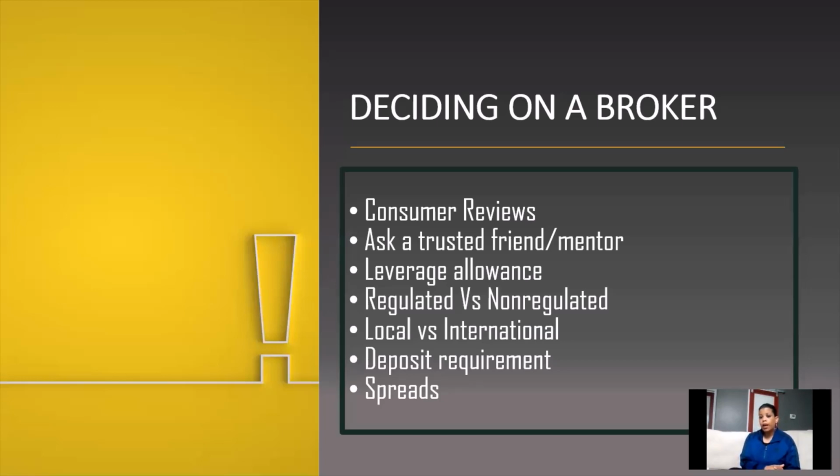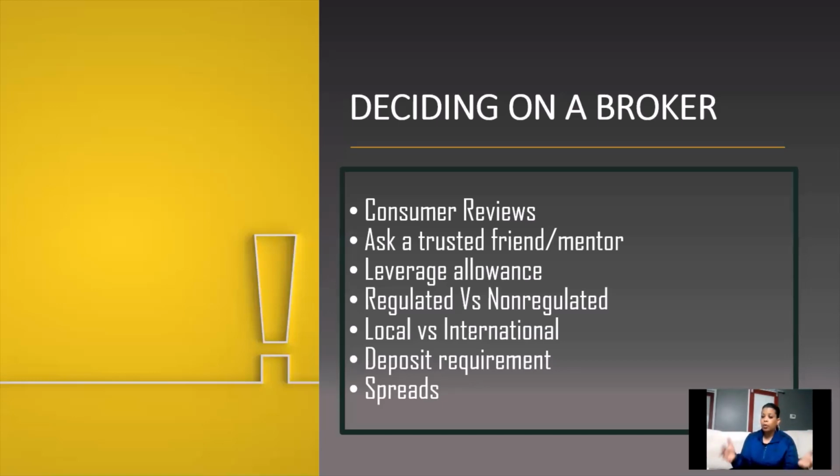Depending on where you are, like I'm in the United States, our brokers' leverage in the US is typically a lot lower than an international broker. You also may want to take a look at the deposit requirements. I'm going to do how to set up your broker account on the next video, and the broker that I'm going to use requires you to have at least a $50 minimum deposit.